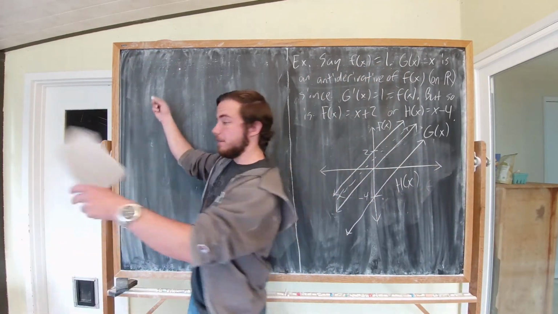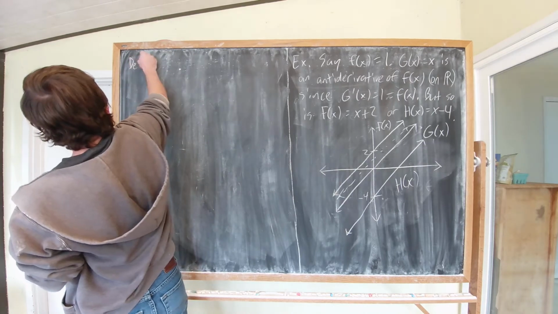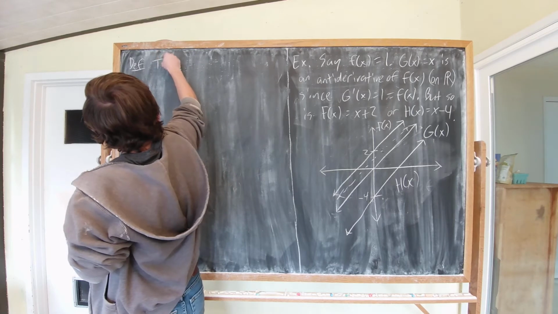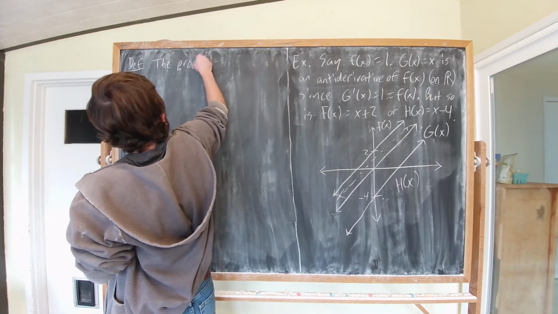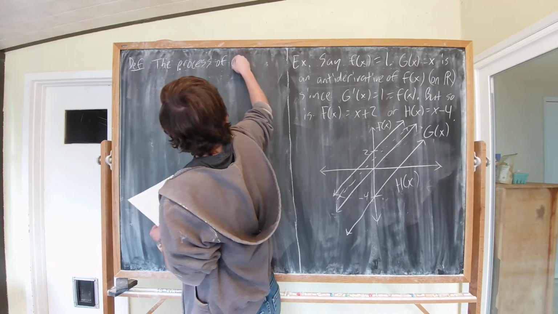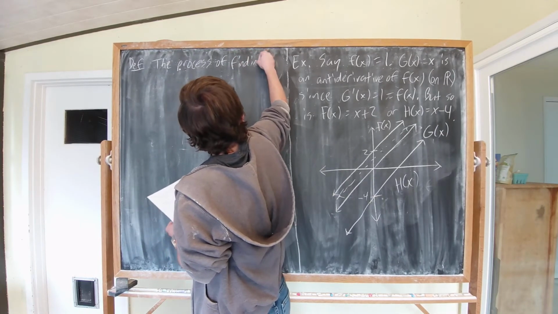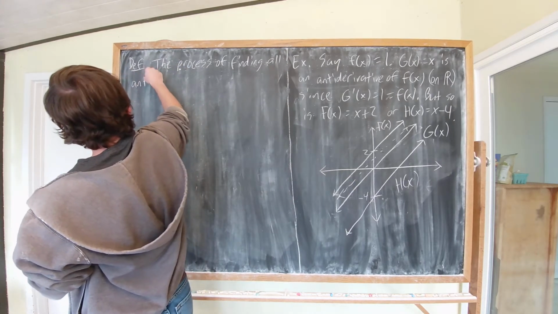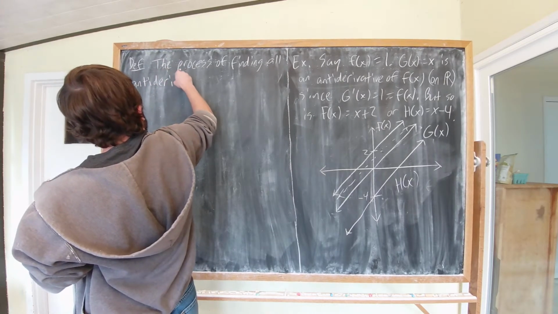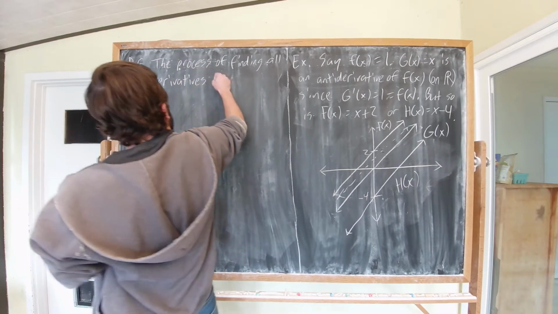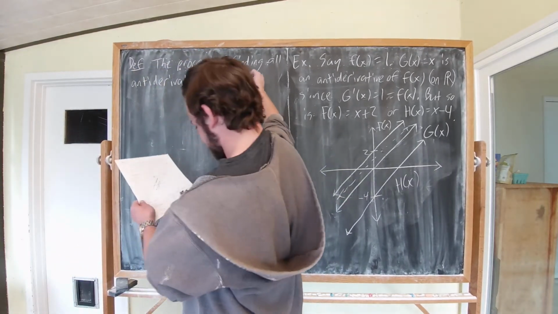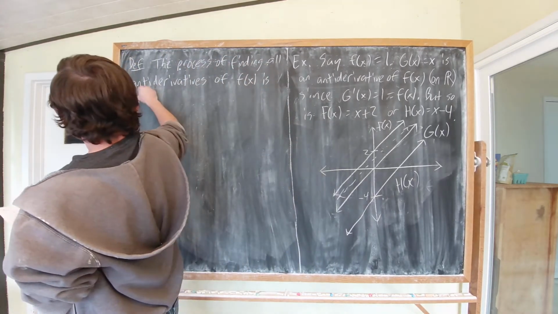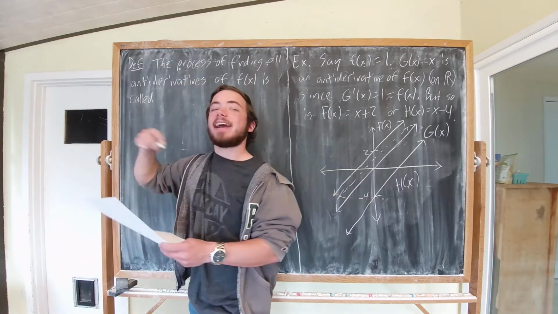Alright, the process of finding all antiderivatives, right? As soon as you find one, you find all of them. So the process of finding all antiderivatives of little f of x is called, as you might have guessed, anti-differentiation.